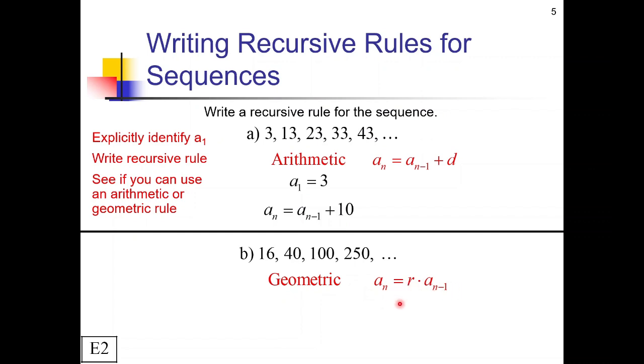The r value in this case, let's just divide two terms to get that. 40 over 16, and there's our a sub 1 by the way, 16. 40 over 16, or if you want to do 250 over 100, that might be easier. In any case, that's going to give us 5 over 2. So putting this all together then, we've got 5 over 2 times a sub n minus 1.